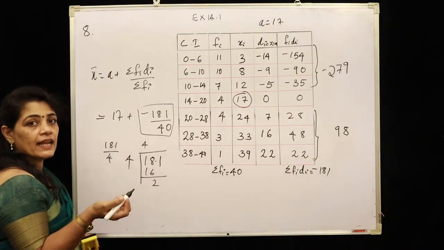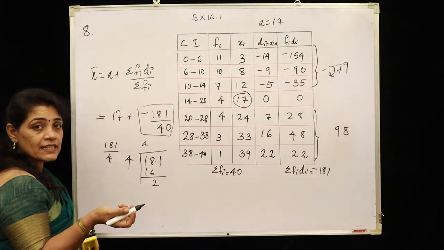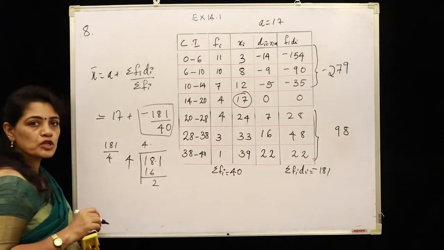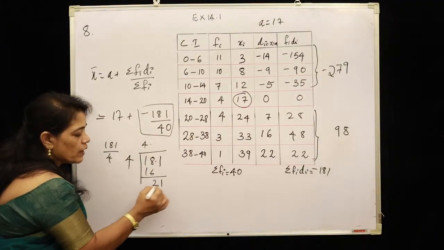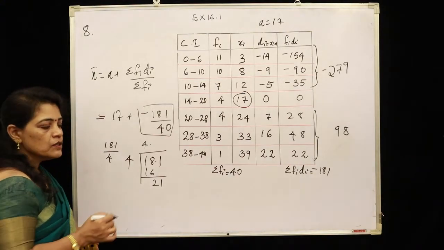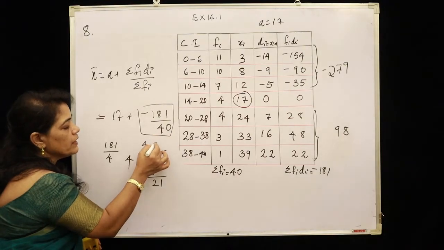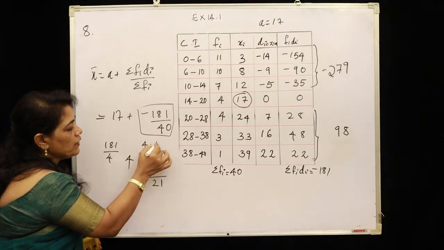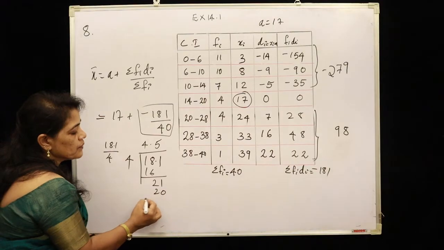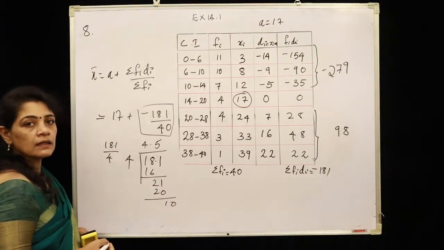Next we take a number after the decimal point, so put a decimal point in the quotient's place and write 1 along with 2. So 21, 4 in 21, how many times? 5 times 20, and 1 is the remainder.